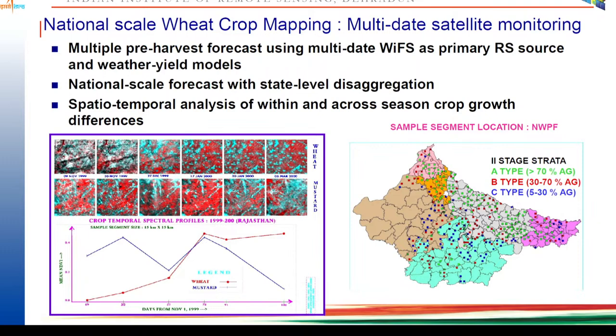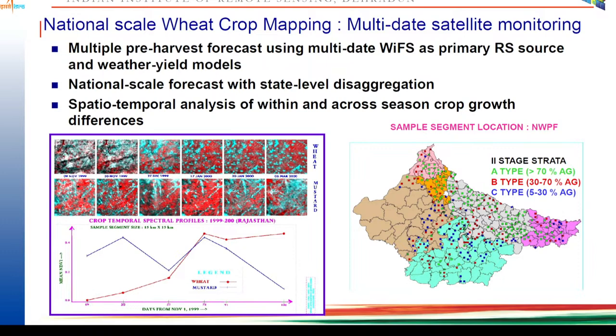Similarly, a question will come to many people's minds: can a single date provide acreage estimation of all crops for the whole state or India? The answer is no. Across crops, even for the same wheat, in different states the time of sowing varies depending upon the farmer's economic condition as well as other climatic and soil factors.